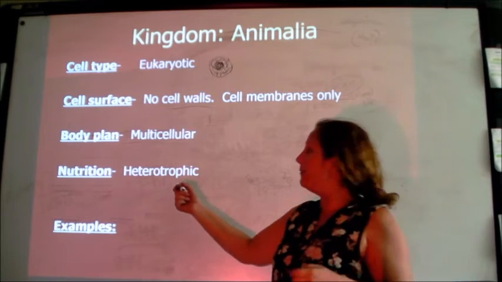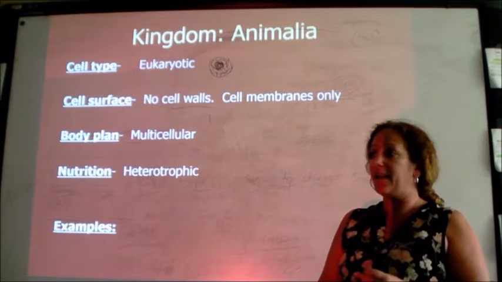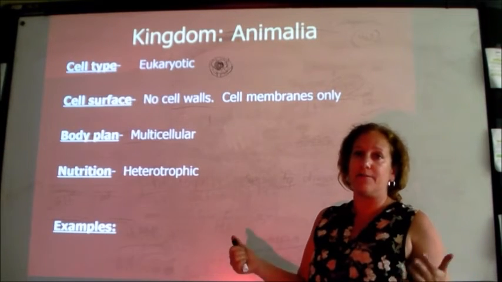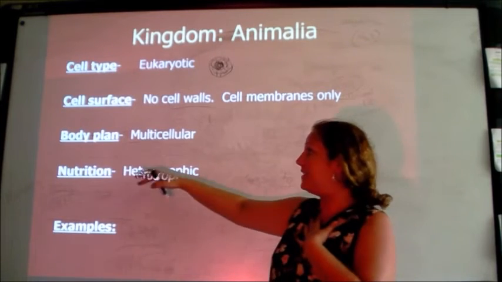And we have to eat food. We can't lay out in the sun and make our own energy. I can't drink a gallon of sulfuric acid and get energy from that. I get killed from that. So the only way that I can get food is if I eat stuff.